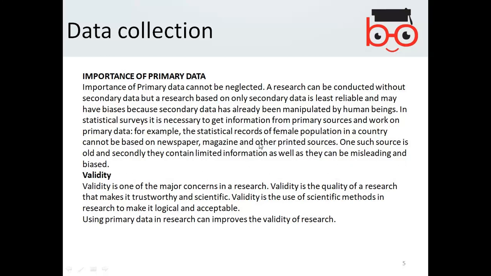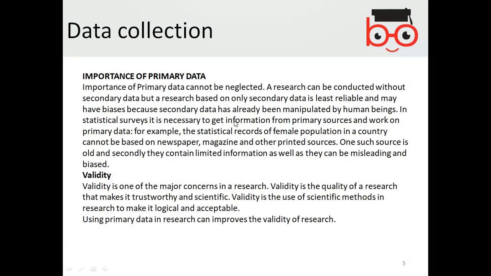So if you wanted to know the population of women in a particular country, obviously you cannot rely on secondary sources or a newspaper or any other agency. The only authentic source will be a census made by you, or by whatever organization. Hence, primary data is the only way to know the actual results.